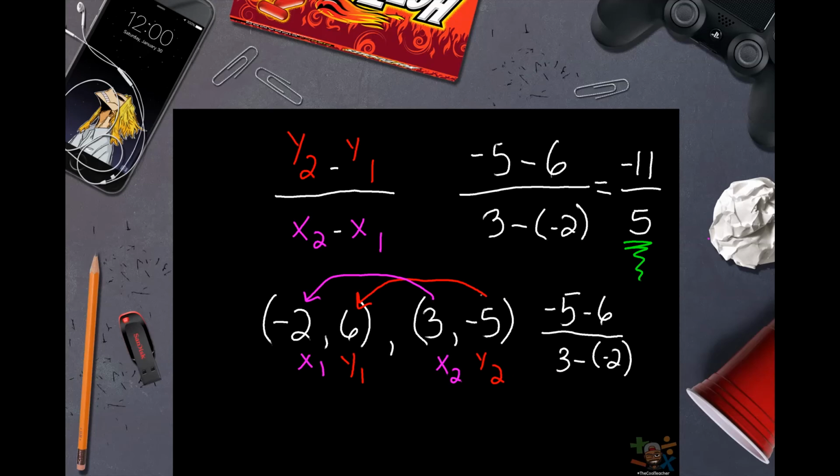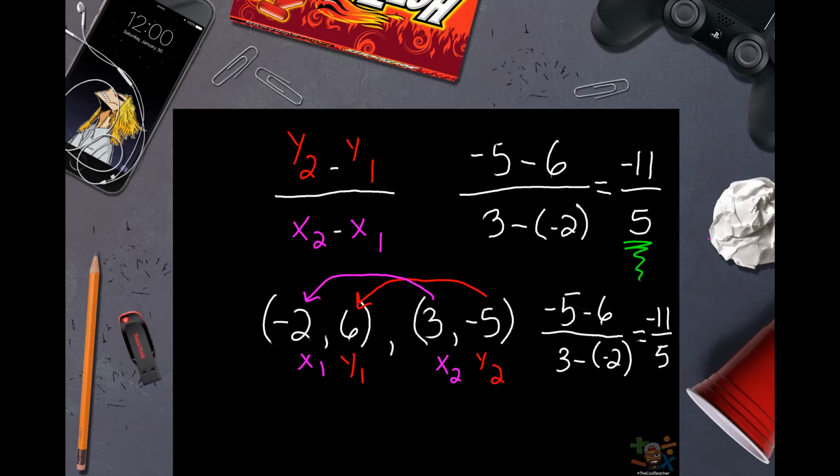Whenever he drew his first arrow, that was the numerator of his slope formula, and when he drew his second arrow, that was the denominator. Obviously, I already did the math, so you would know that it's still going to be -11 over 5.